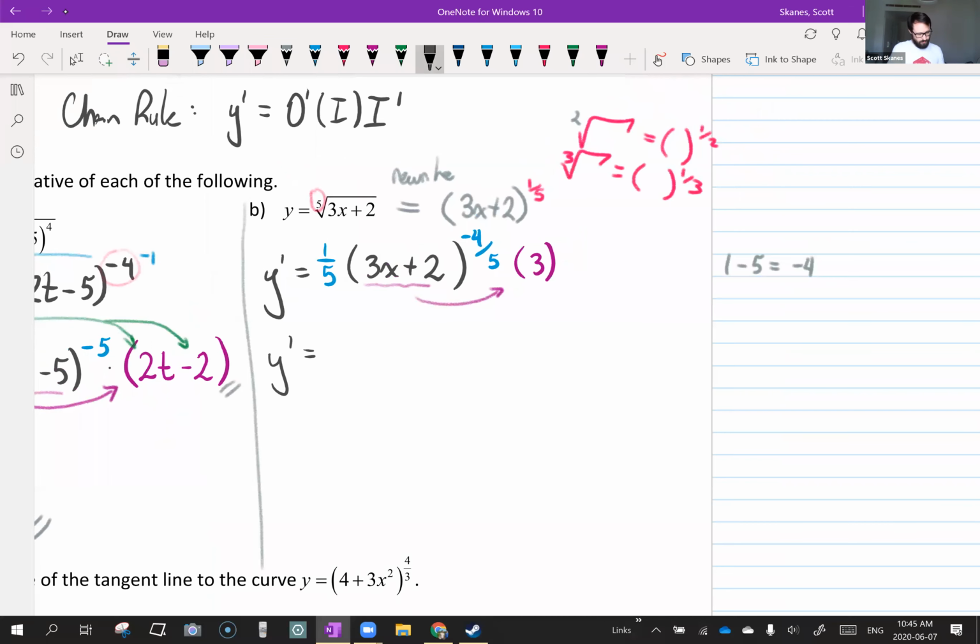I have a 3 on bottom and a 3 on top and a 5 on bottom. It's going to look like this. That's one way to simplify it. I'm going to write an "or" because different students have different ways they like to simplify this. I'll write out different ways.